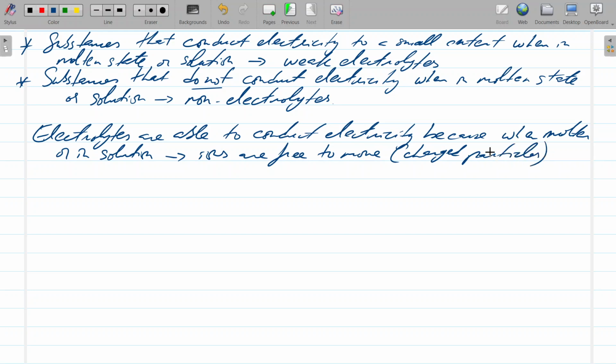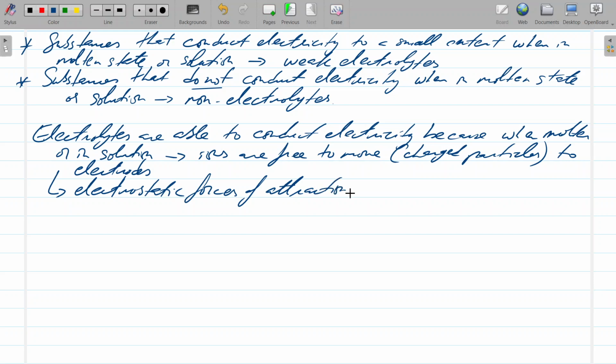So when the ions are moving to the electrodes, they carry the electricity. And why are the ions free to move? Because when in molten or aqueous solution, the electrostatic forces of attraction between the ions are weakened.